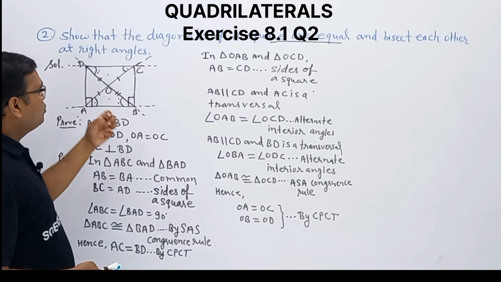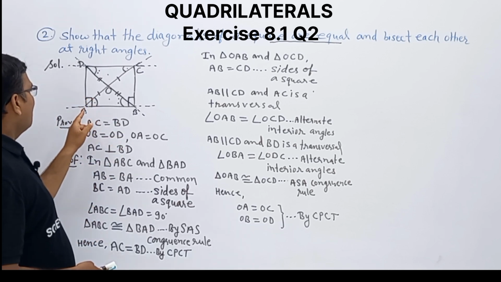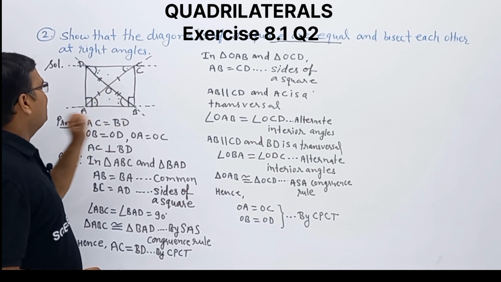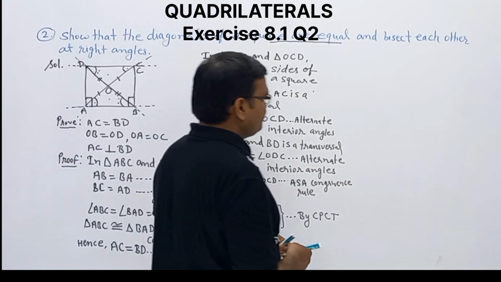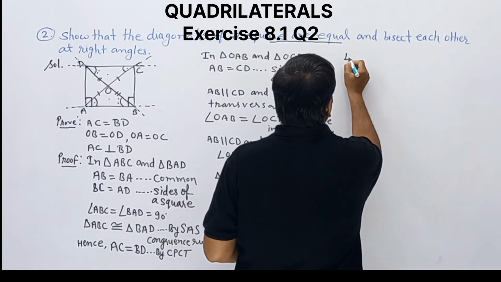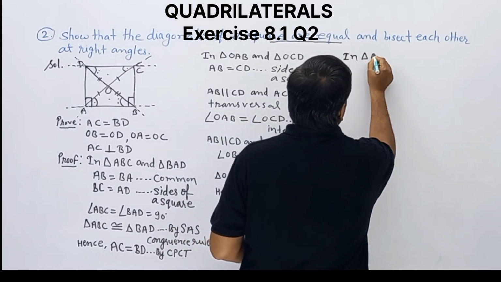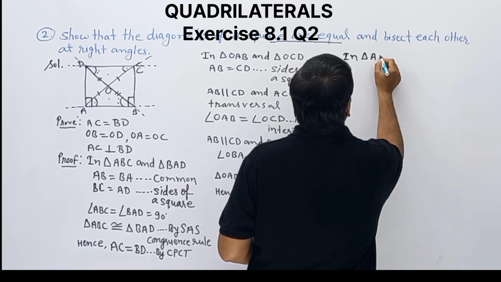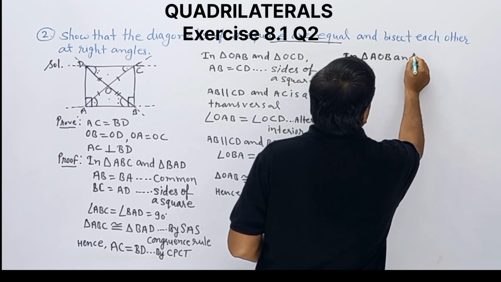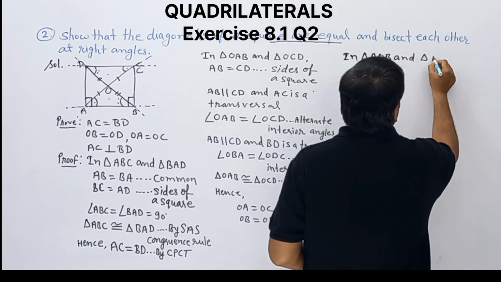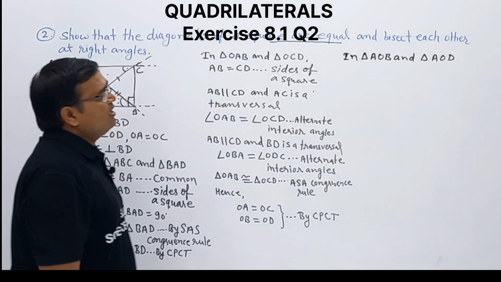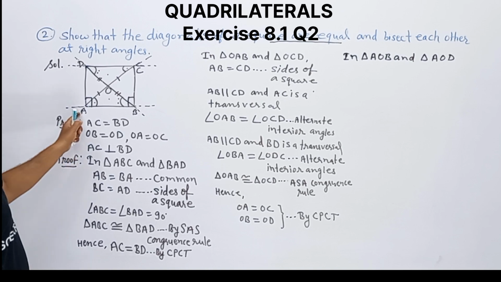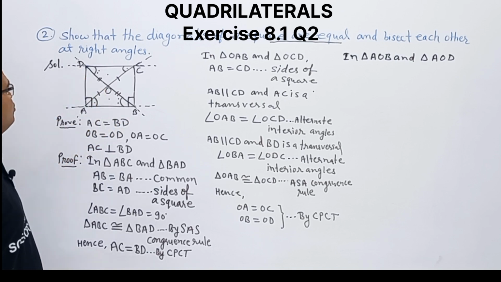We will take again two triangles. Now I am taking AOB and AOD. In triangle AOB and triangle AOD, in these two triangles, AO is common.